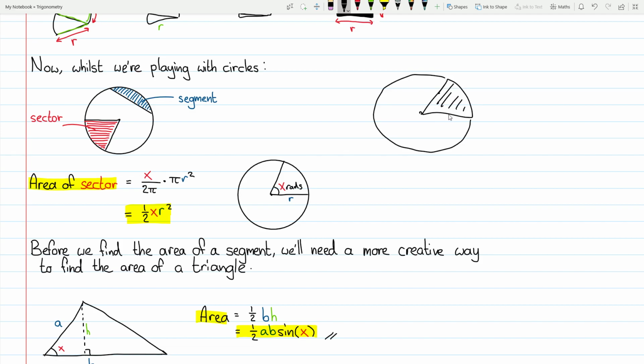That proportion is going to be the same as the proportion of this angle compared to the whole rotation. So suppose that this angle is x, the whole rotation is going to be 2 pi. So the ratio of this area compared to the whole area is going to be the same as the ratio of this angle divided by the whole rotation. So this ratio here is going to be the same as the area of the sector divided by 2 pi r.